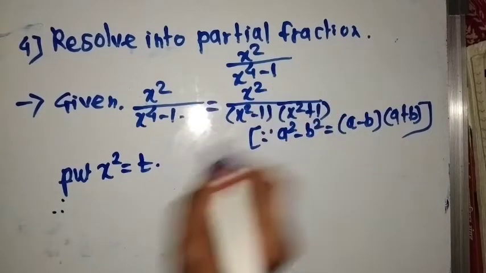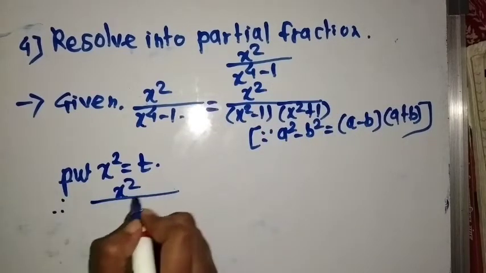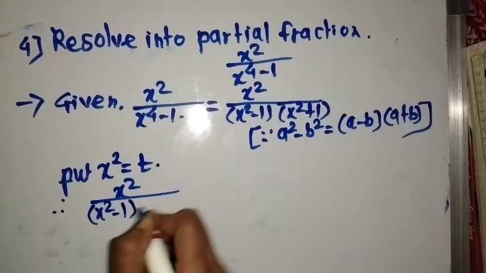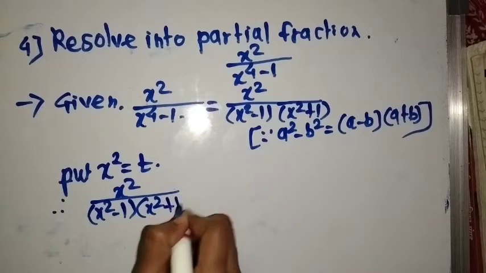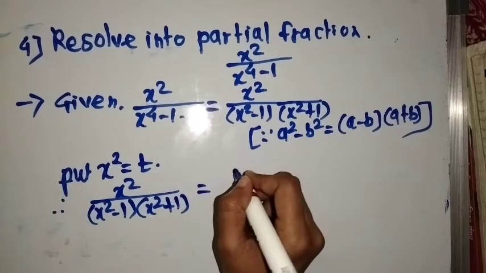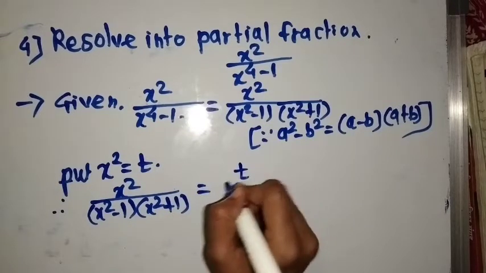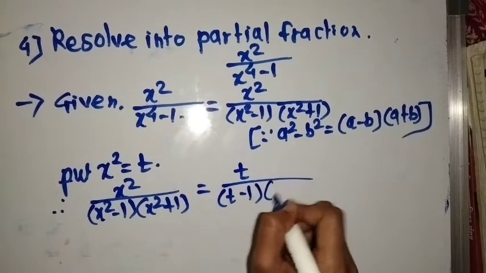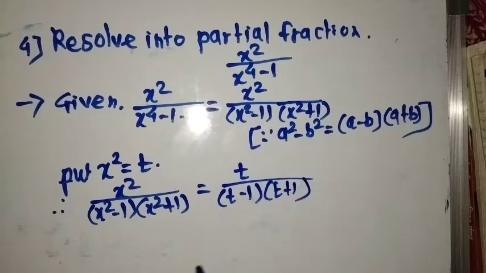Hence we get x square upon x square minus 1, x square plus 1 is equal to t upon, x square means t. So t minus 1, t plus 1.